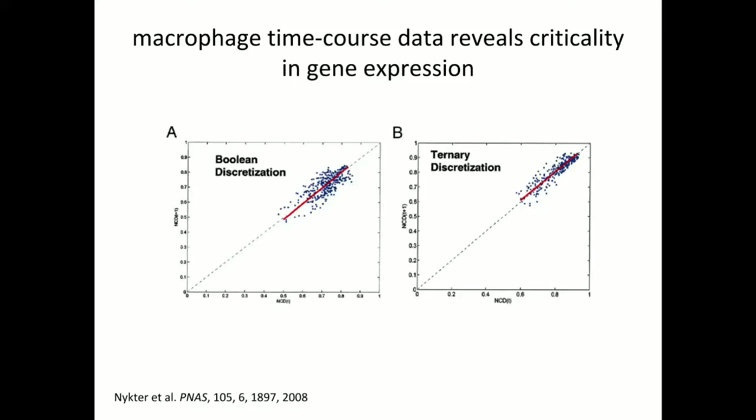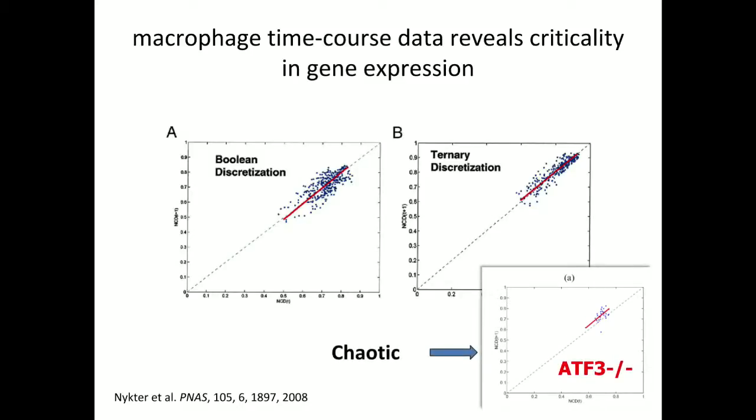So when we looked at the data gathered from those mice, this is the ATF3 knockout mice, we saw that there seems to be evidence that all of the points lie above the diagonal. So informational distances kind of diverge. They spread apart, suggesting that perhaps this is evidence of chaotic behavior, hypersensitive immune response. But this is very circumstantial evidence. So, I mean, so to speak, this is not very strong.